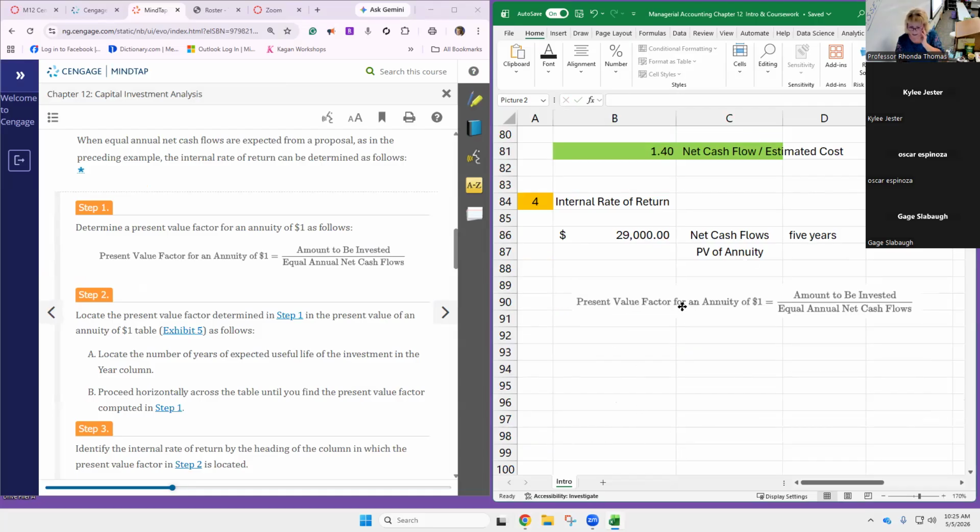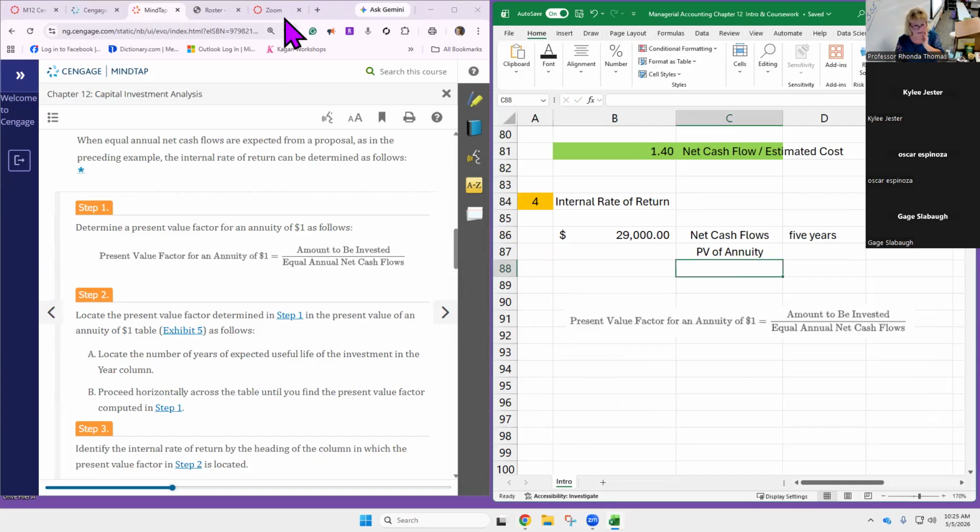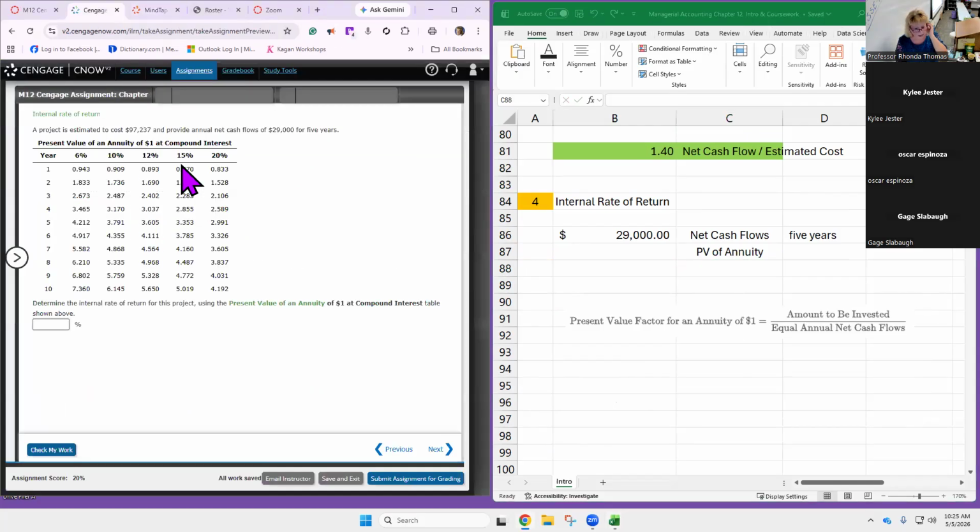Okay, so there is that. Let me put the cost down for my problem. My cost is $97,237. That is the estimated cost, and that's going to be the numerator.